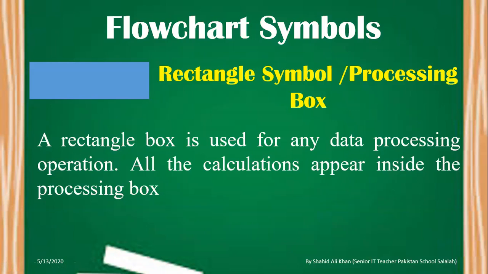A rectangle box is used for any data processing operation. For example, any kind of processing take place in your flowcharts, means calculation, multiplication, division, addition. So you will use rectangle box to show that calculation in your flowchart. Clear? So let's move, students, towards the next symbol of flowchart.